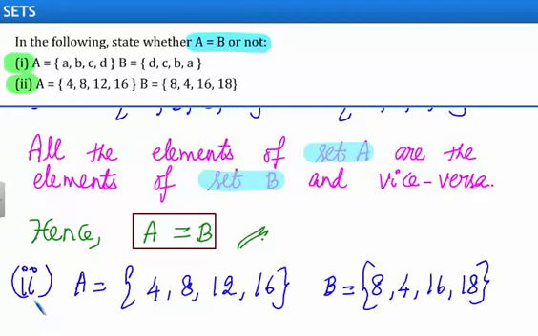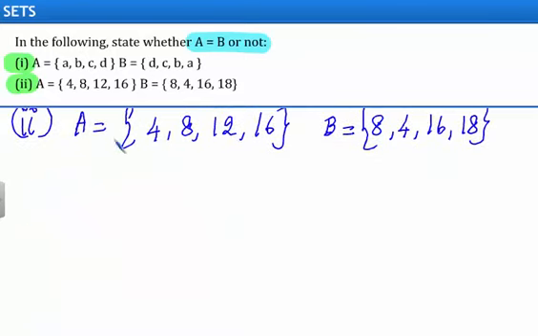In the next part of the problem, we are given two sets A and B. In set A, we have the element 12.